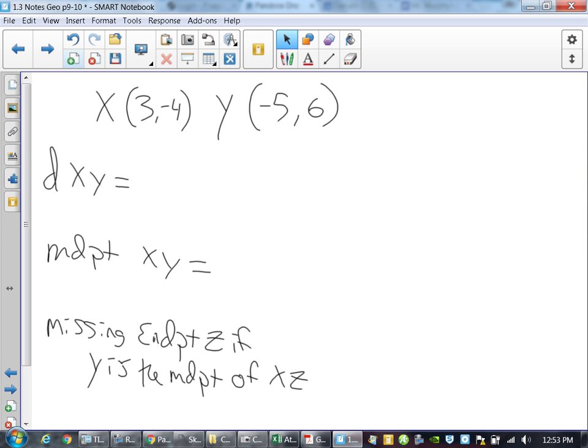I want you to do three things: find the distance of it, find the midpoint of it, and find the missing endpoint z if y is a midpoint. Does that make sense? I want you to try all three parts real quick and we'll check in a couple of minutes.